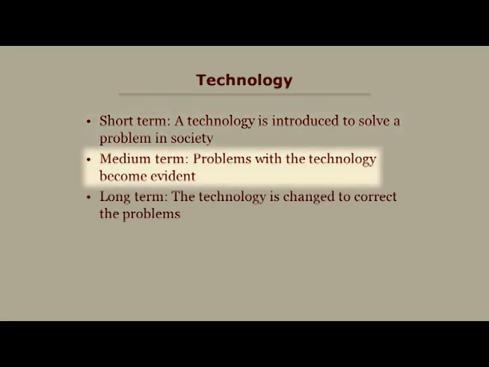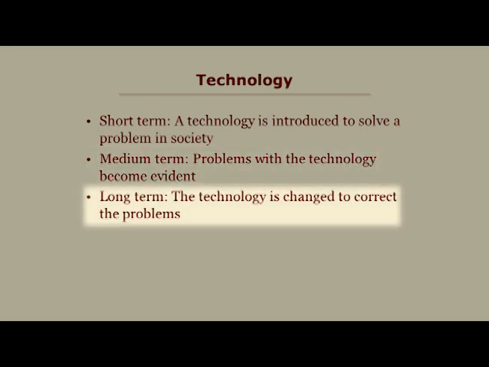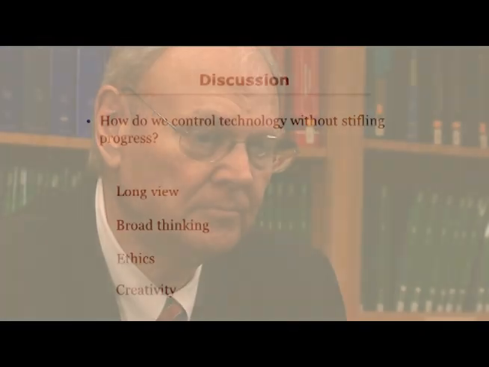Medium term, we start to see the problems with that technology, and therefore that technology is either slowed down by some or the problems are solved by others. But in the long term, the problems are going to be solved. People are just very, very clever, and they will figure out how to solve those problems, and therefore technology, in my opinion at least, will eventually triumph.